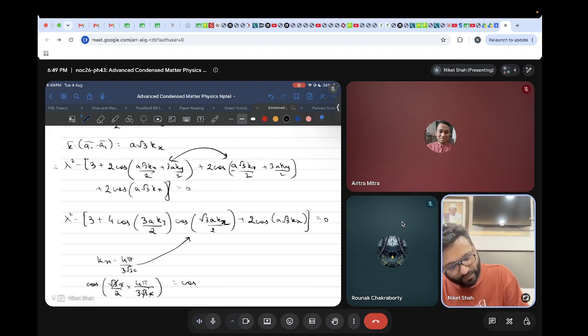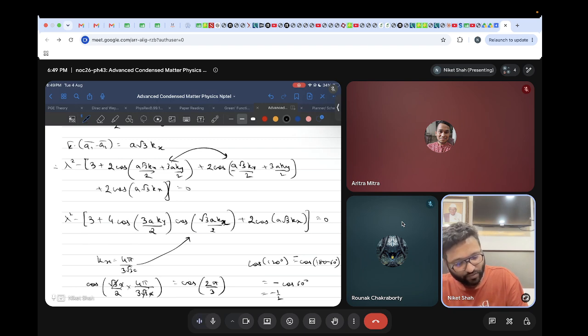This is cosine of 2 pi by 3. What is cosine 2 pi by 3? Cosine 2 pi by 3 is basically 120 degrees. Cos 120 degrees is equal to cos of 180 minus 60 degrees with a negative sign, because cosine in the second quadrant is negative. So it is minus cos 60 degrees, which is minus half, right? So that gives me minus half.